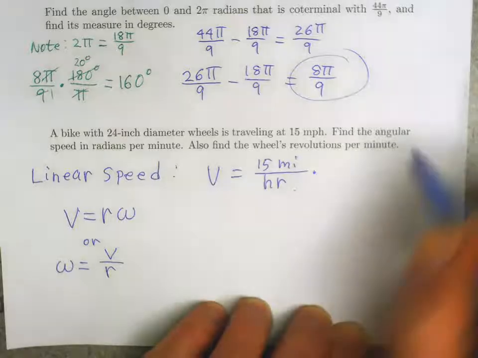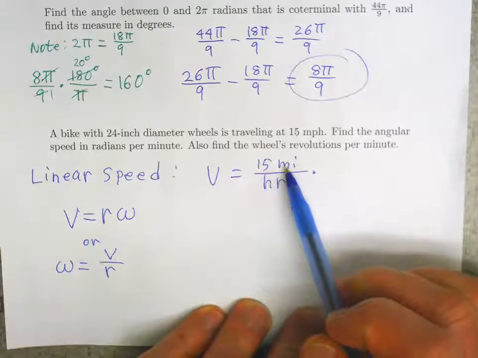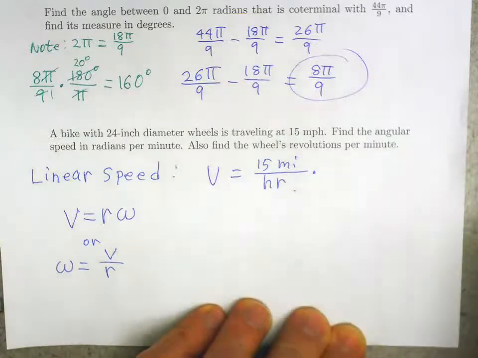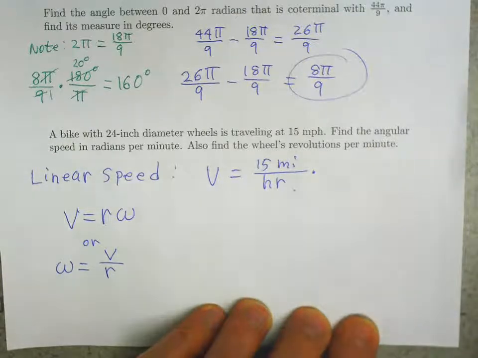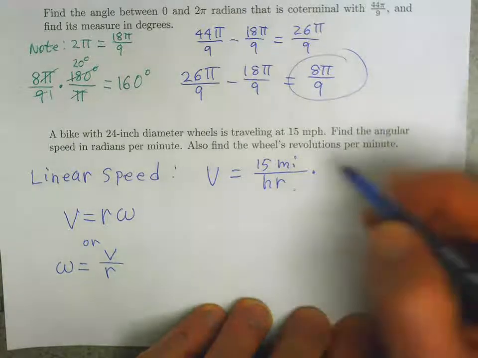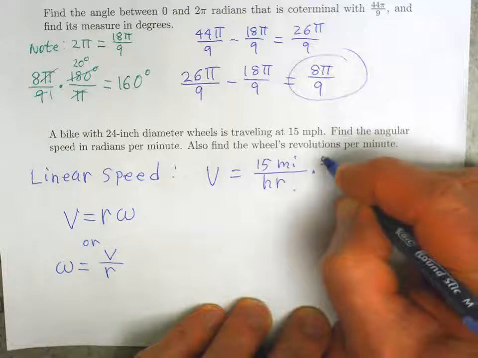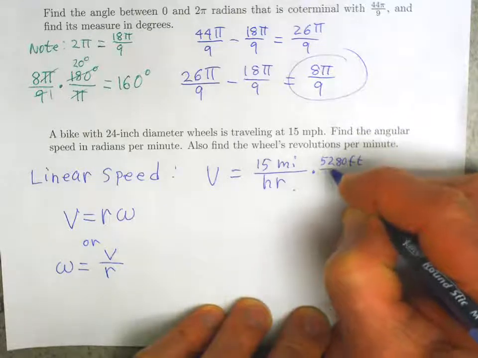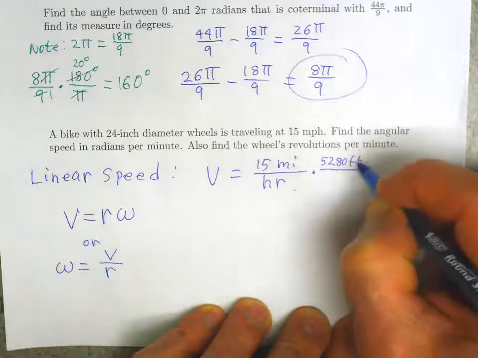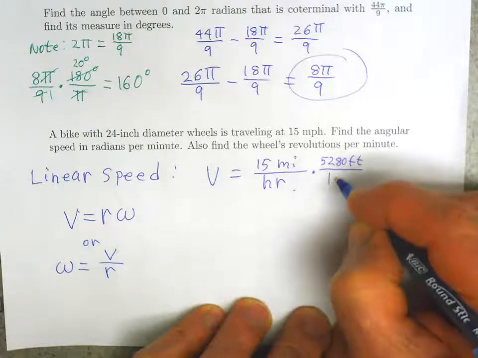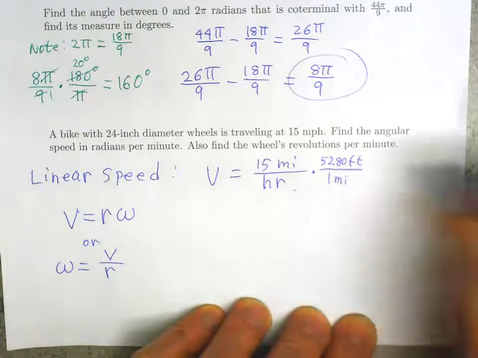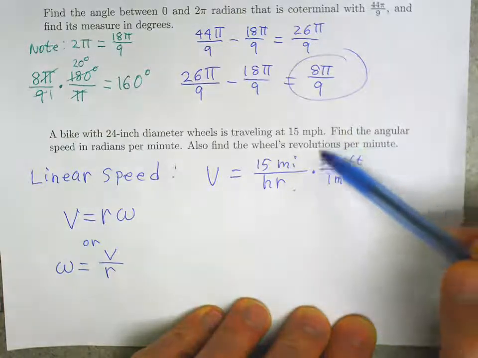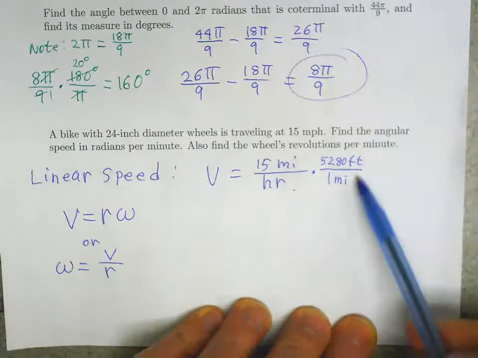Let's focus on converting 15 miles to inches first. In 1 mile, we know that there are 5,280 feet. So 5,280 feet divided by 1 mile. This is like multiplying by 1, just in different units.